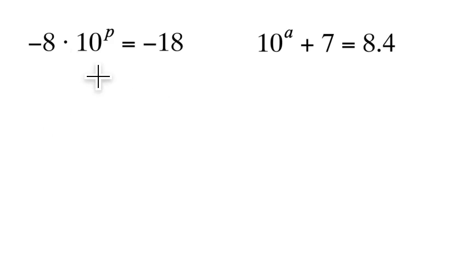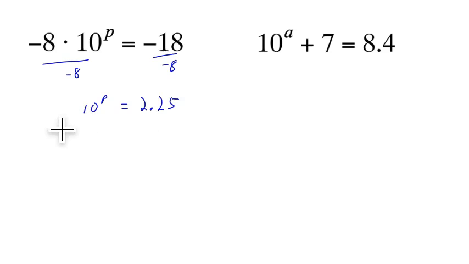Before we rewrite this equation with logarithms, let's go ahead and get the 10 to the power of p by itself. So we'll divide both sides by -8. Negative divided by negative is positive, and 18 divided by 8 is 2.25. Let's go ahead and rewrite this with a common log.